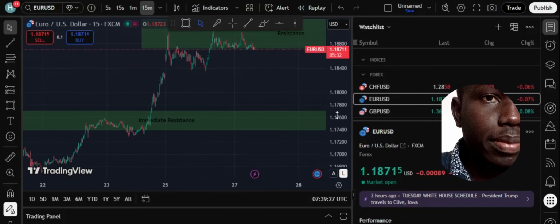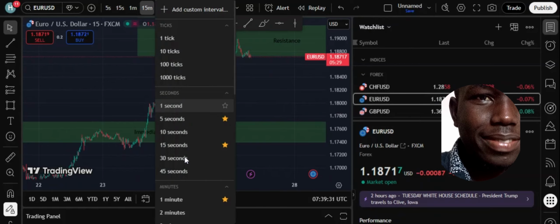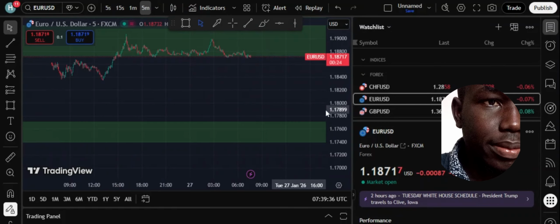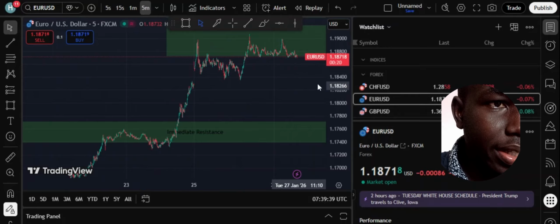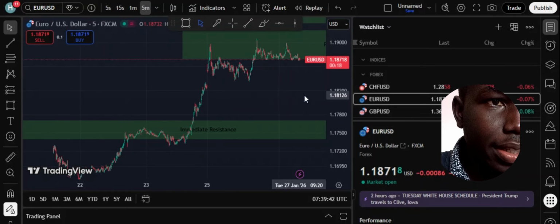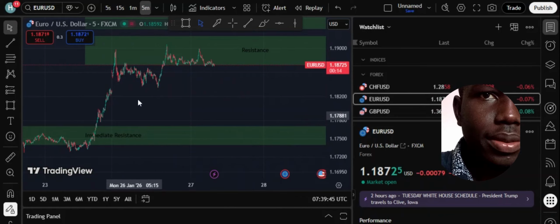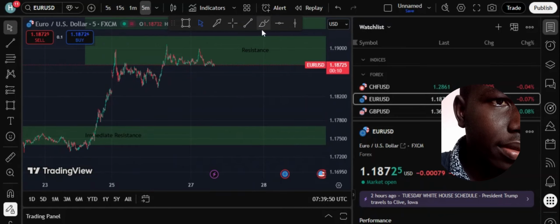At 5 minutes we're seeing a strong movement, and also a recently formed support around this point, so we'd like to consider that too.